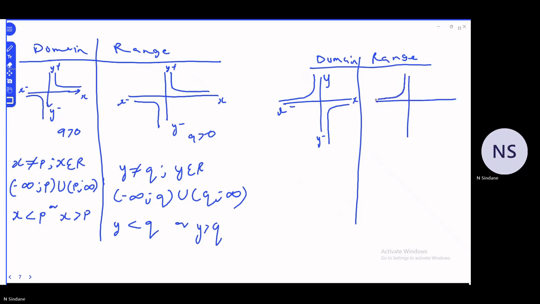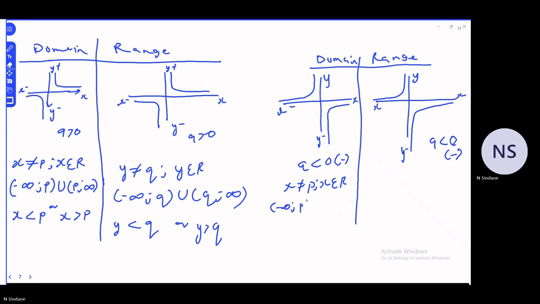Same thing, this side, y minus, y, x, and x minus. A is less than 0, meaning a is negative, right? So my domain, I'm going to say x cannot be p. Then x is an element of real numbers, right?